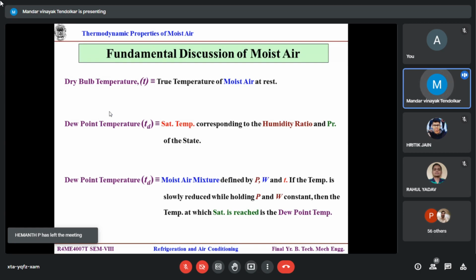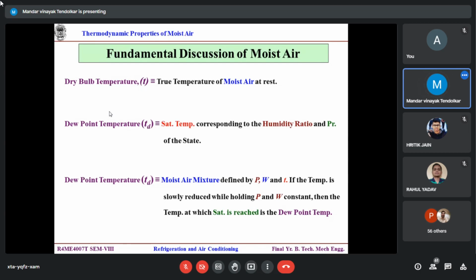So this is the process which you can execute practically. A moist air mixture is defined with some value of pressure P, humidity ratio W, and some dry bulb temperature T. If the temperature is slowly reduced by holding the pressure and the humidity ratio constant, very, very important, you are not allowed to change the pressure or the vapor content, then whenever it reaches the saturation value, moisture will start getting separated out.